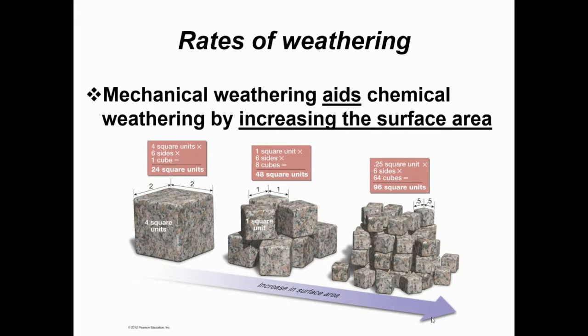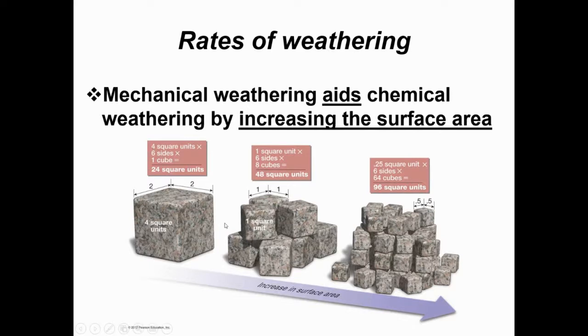And then lastly, when you add together both physical and chemical weathering, the end result is essentially just the continuous breakdown of earth material into smaller and smaller pieces.